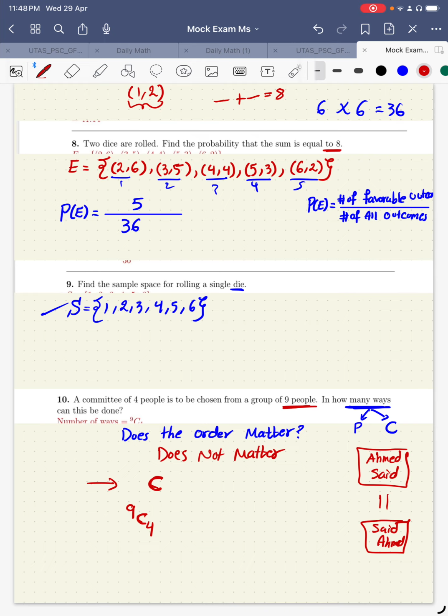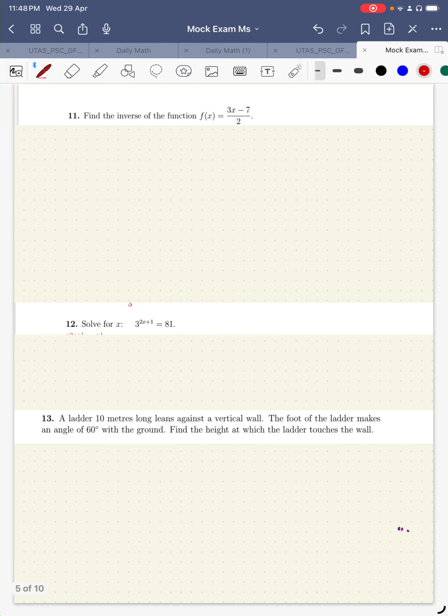So that's gonna be my answer, which equal, of course, 9 factorial divided by 4 factorial times 9 minus 4 factorial, which gonna give me, of course, 126. So number of ways gonna be 126.